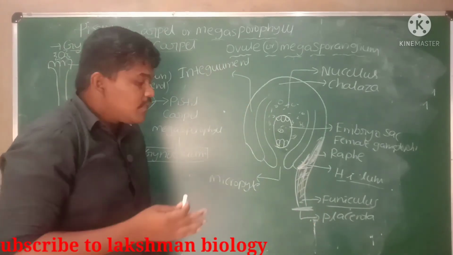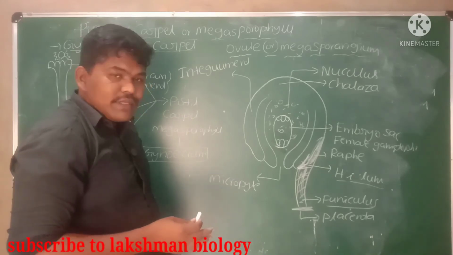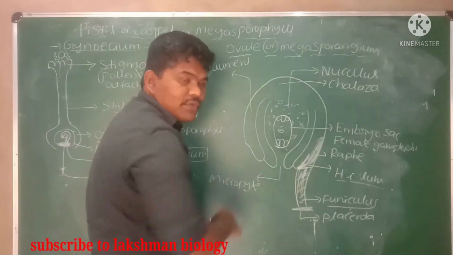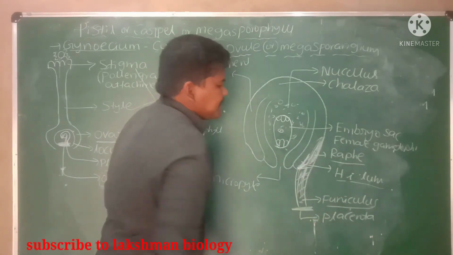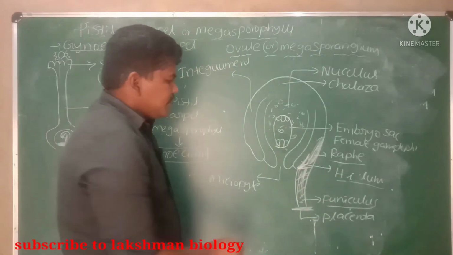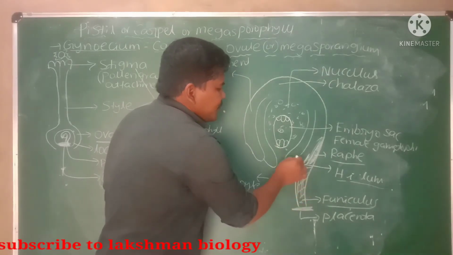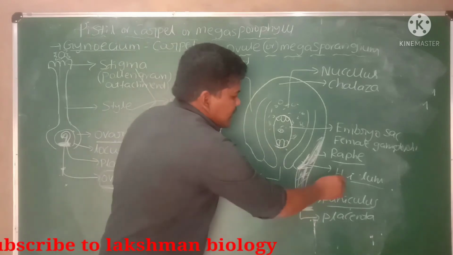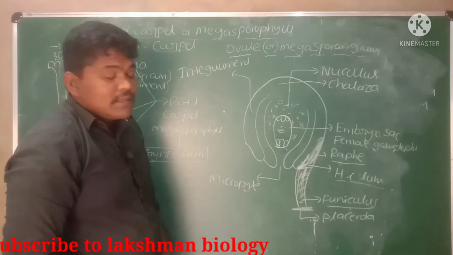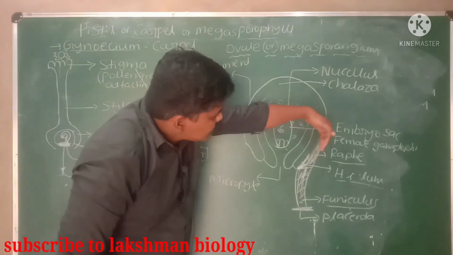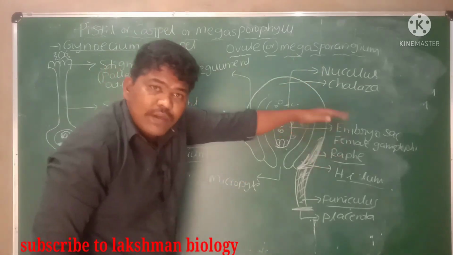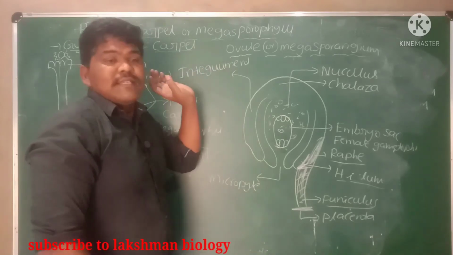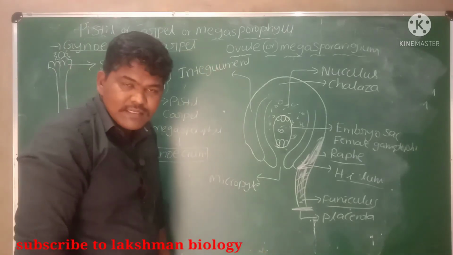The region of funiculus which encircles the body of ovule is called raphe, and the region where funiculus attaches with body of ovule is called hilum. The ovule is protected by one or more than one protective layers, those are called integuments.